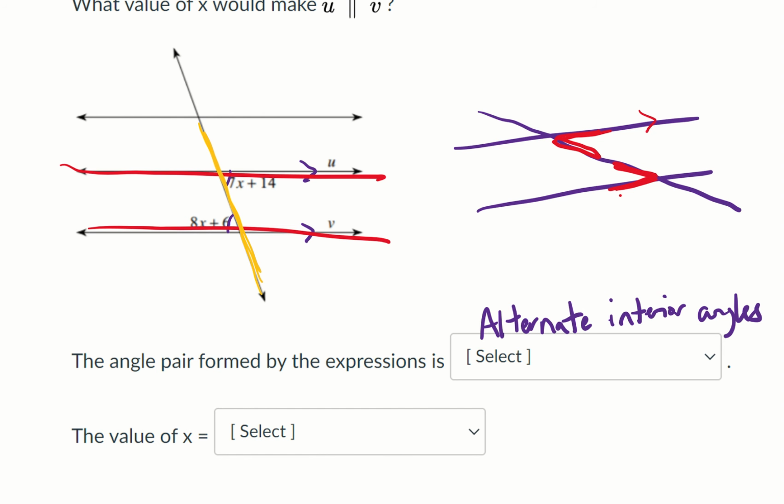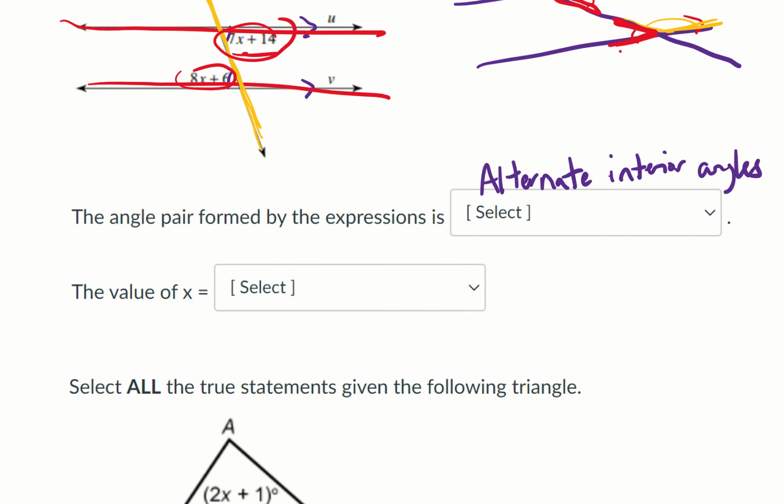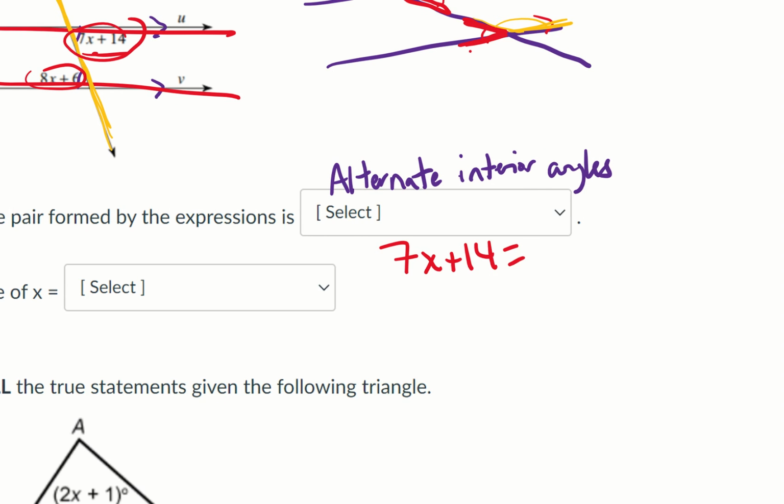If these two lines here are parallel, then those two angles are going to be the same. Now, if you look at these ones here, this one is obtuse. It's a big angle. This one is also obtuse. And so those guys are equal. Okay, so that means that this is equal to this. Those two are equal to each other. So alternate interior angles are always equal. And so we can go ahead and set those angles equal to each other and then solve.